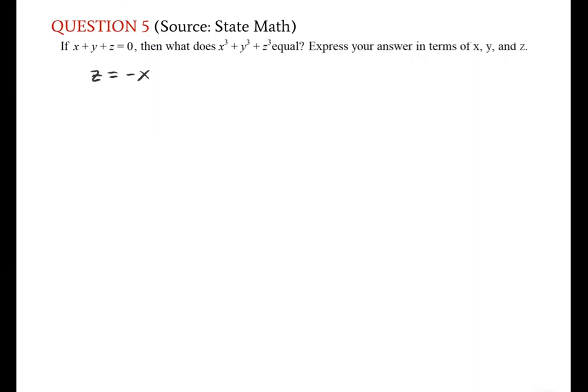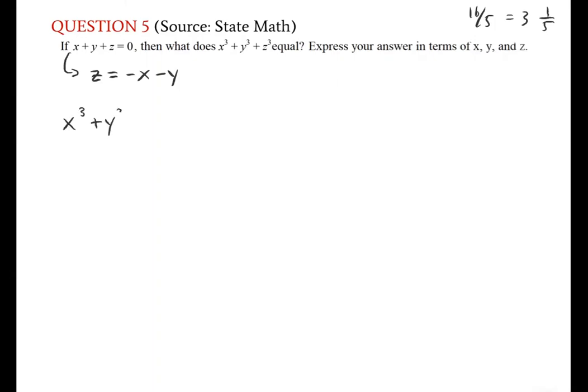negative x minus y. By the way, the answer to the last question was 16/5, which is also equal to 3 1/5. Back to the question, we know that z is equal to negative x minus y. That's from this, and we can use that as a substitution.